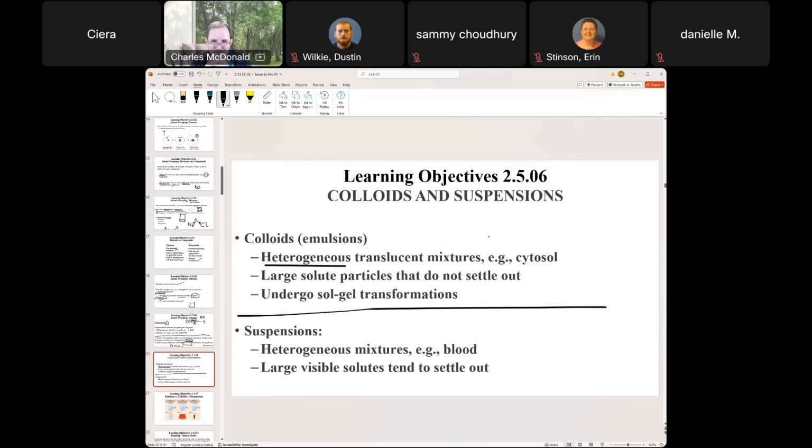A suspension, this guy is absolutely heterogeneous. And the best example of one of those is going to be blood. Now, while our heart's beating, our blood's moving, and the things kind of stay moving.